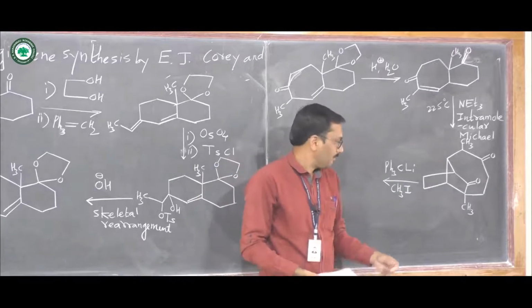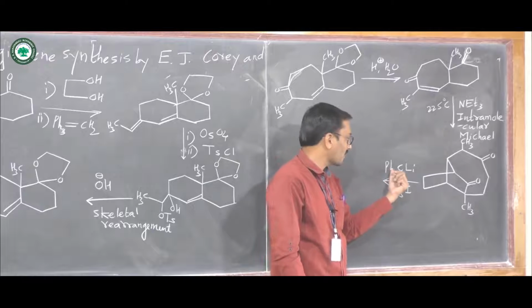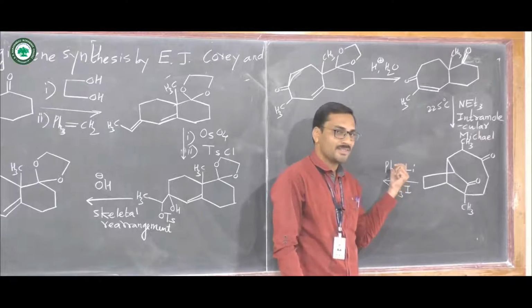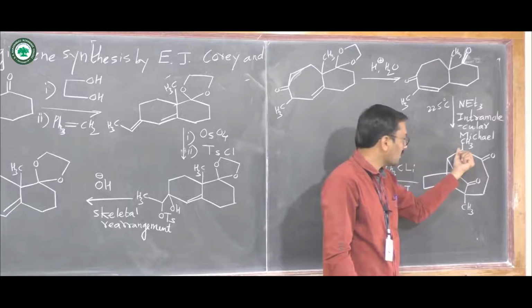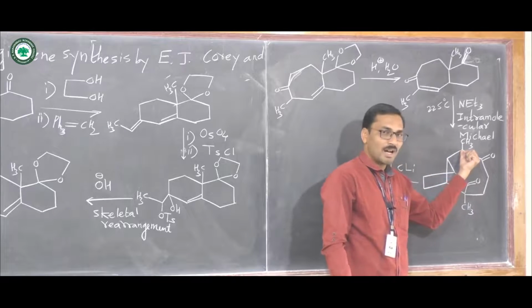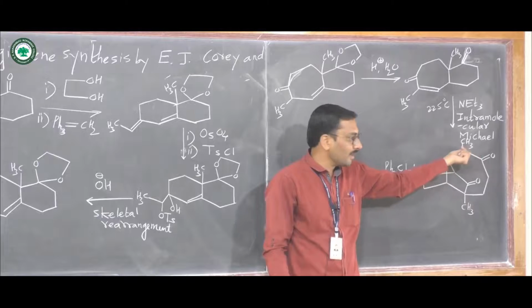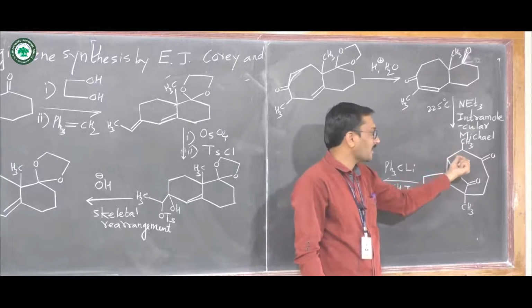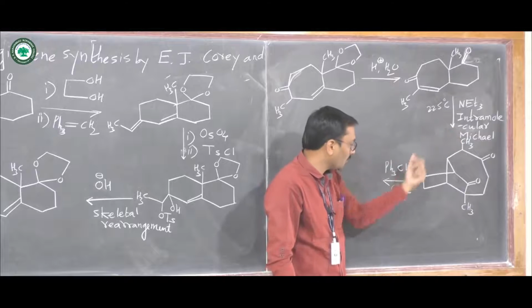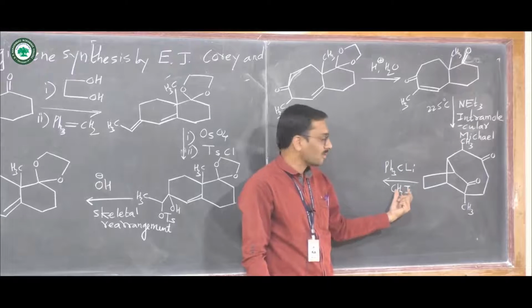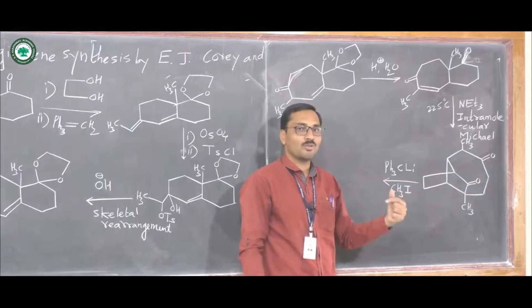Look at the next step. Here we use a sterically hindered base. That base abstracts a proton at this particular carbon. There is formation of a carbanion. That carbanion is stabilized by the carbonyl group, and then this carbanion reacts with methyl iodide. This methyl iodide is a good electrophile.